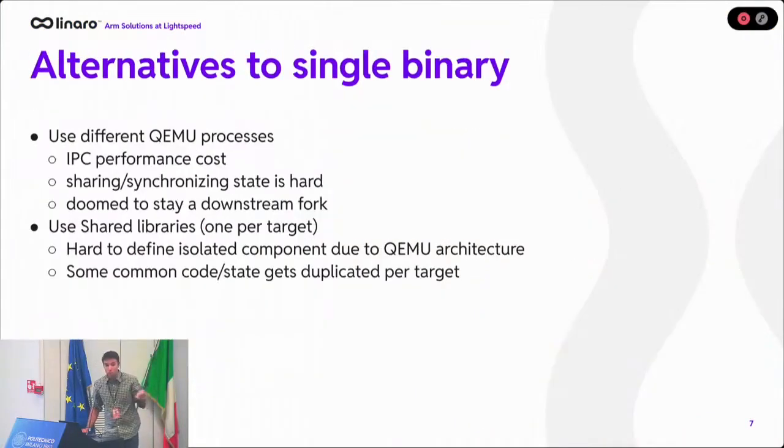So why do we want to make a single binary? What are the other alternatives? The first alternative that already exists and that the AMD folks are using is to mix several processes. So basically you have one process per architecture, and you add plumbing with IPC and stuff like that to communicate and synchronize the states.